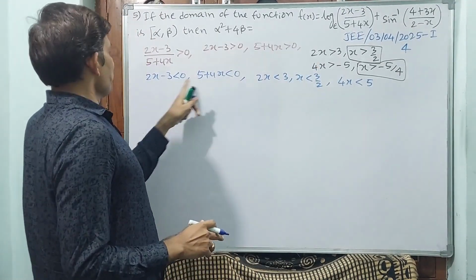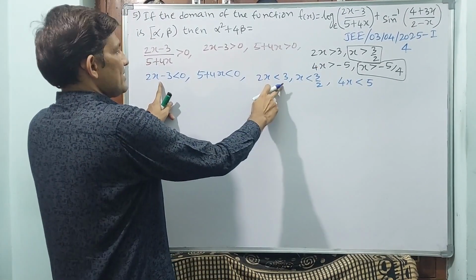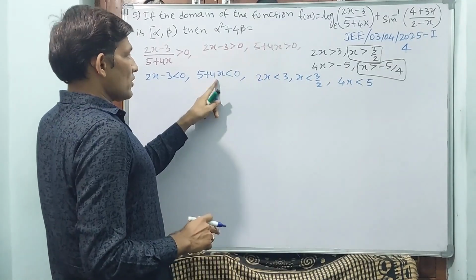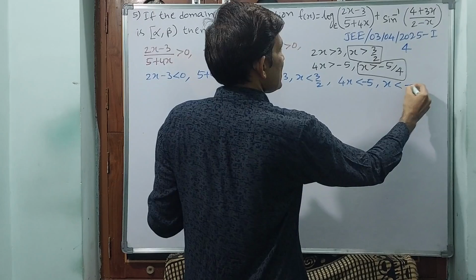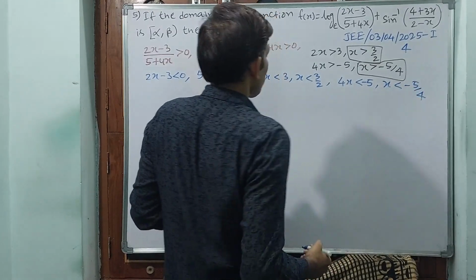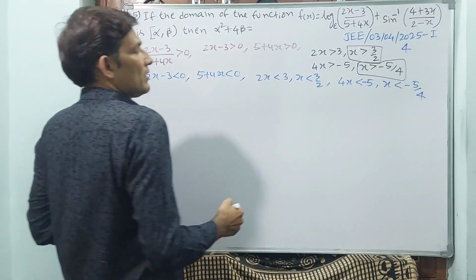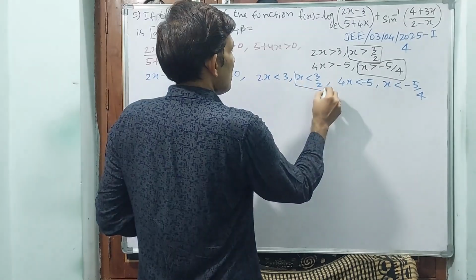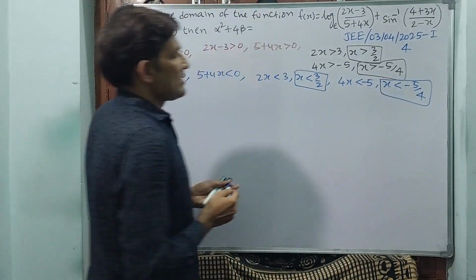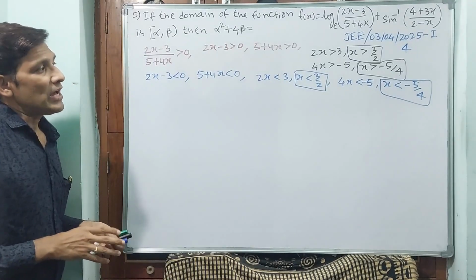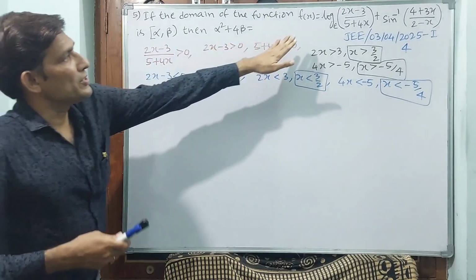Here also, 2x should be less than 3, x should be less than 3 by 2. But 4x should be less than minus 5, and x should be less than minus 5 by 4. Okay? Here also I am boxing this. Okay. See, these two values we will take for the first function, the log function.